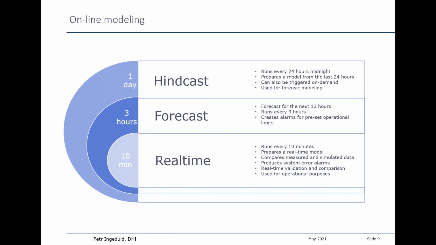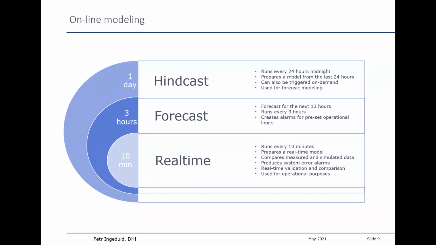And the simulation will run, and it will provide simulated data and compare what is measured with what is simulated, will generate alarms, things like that. And that is used to provide operational descriptions of the system, and whenever there is a need by operators or engineering to take the latest model and use it in their analysis, they use the real time.